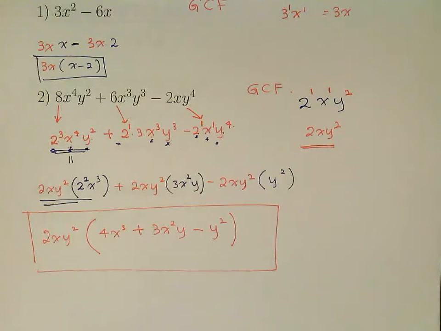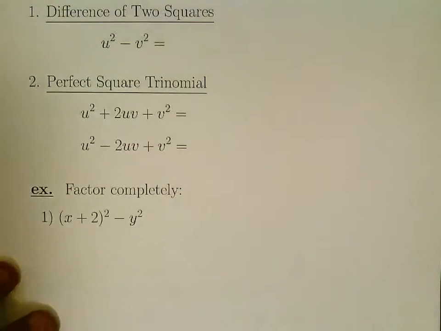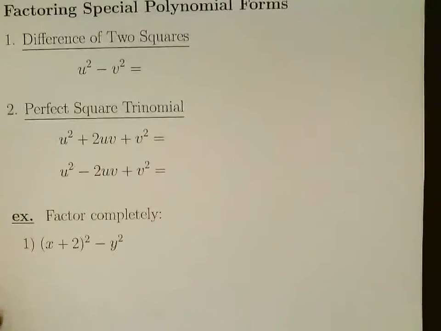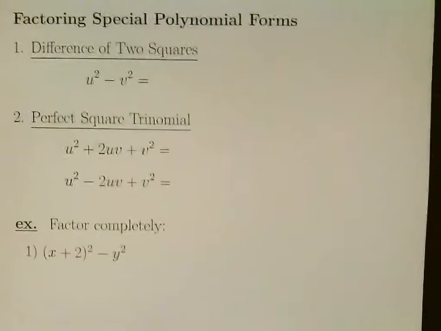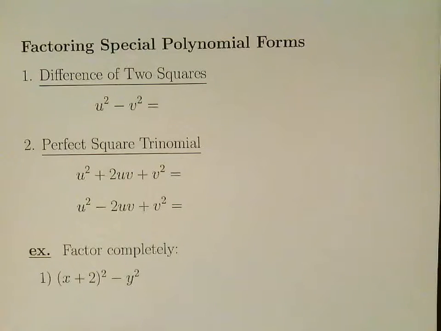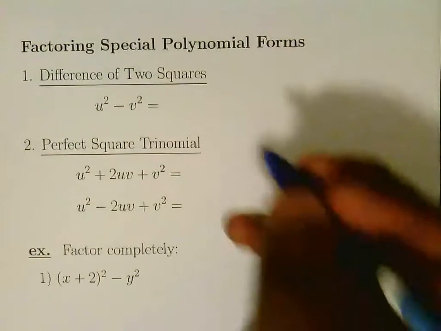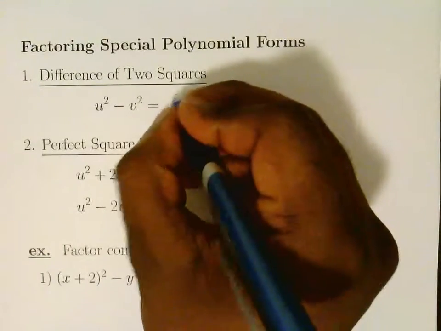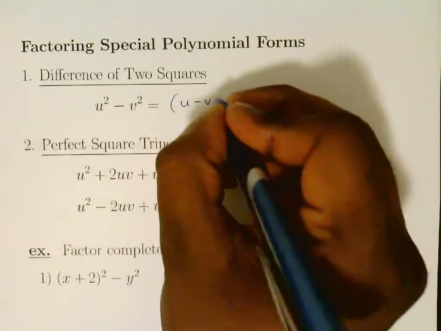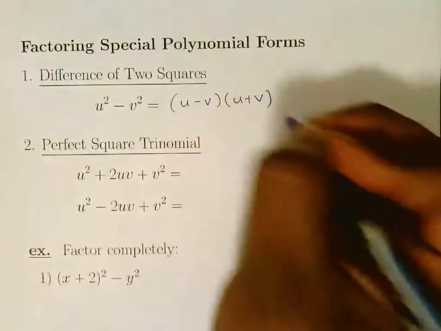All right, so let's go to the next one, which is using the difference of two squares and the perfect square trinomial. Again, what is important is the formula, and that is u minus v, u plus v.